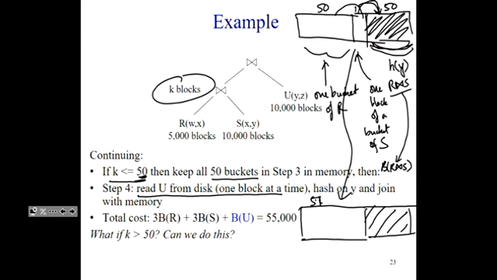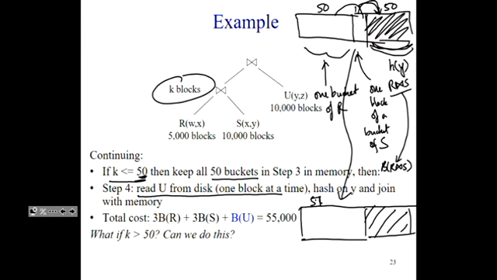So you bring in one block of U at a time. You once again look into this hash table. You find tuples that join. You write it out to an output block. And then these output blocks get written out to disk. So overall, if K is less than or equal to 50, you can essentially keep all of the buckets in memory, and then you can read U one block at a time, do the hashing, do the join, and then output it.